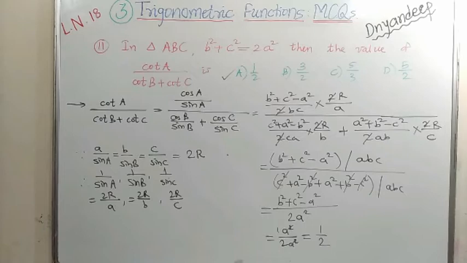But here the given condition in the question is b² + c² equal to twice a². So putting b² + c² equal to twice a² minus a², we get single a². So we get a² upon twice a², again cancelling a², we get 1 upon 2, that is half. So option A is correct here.